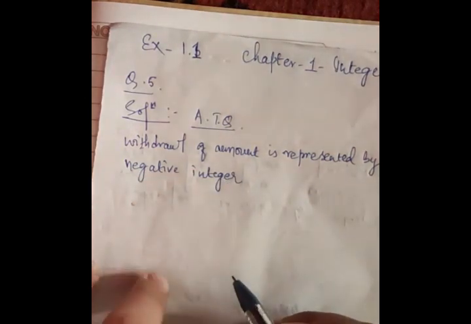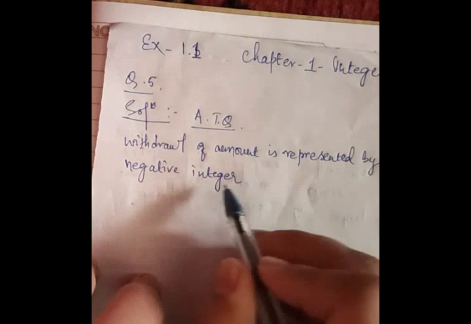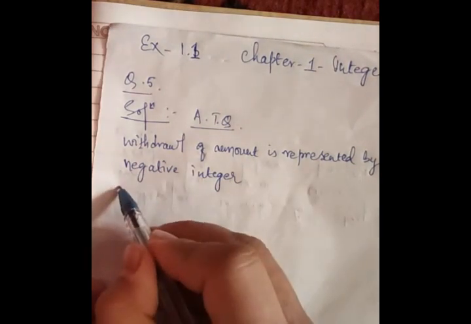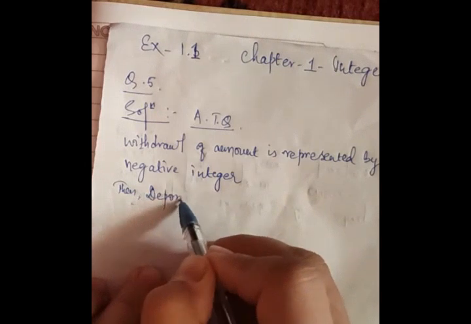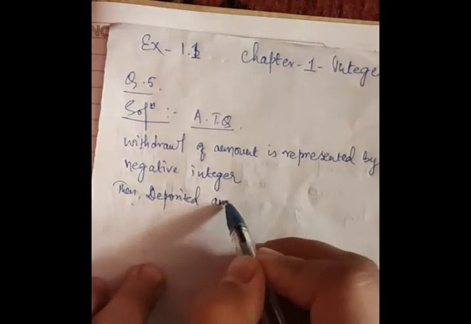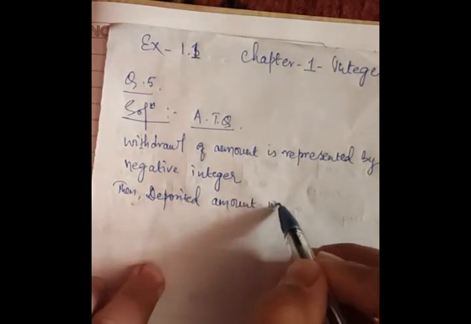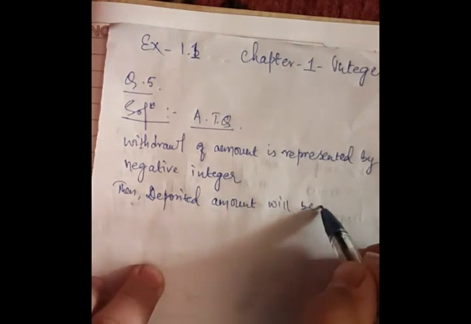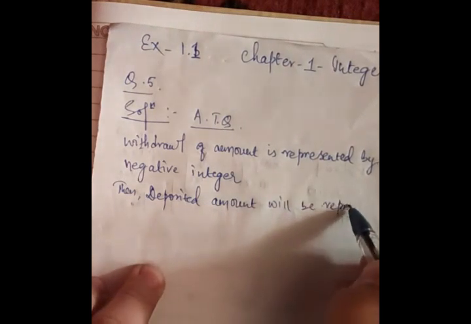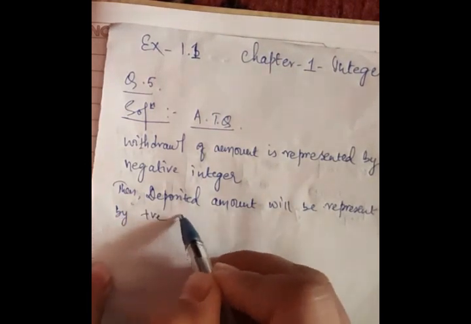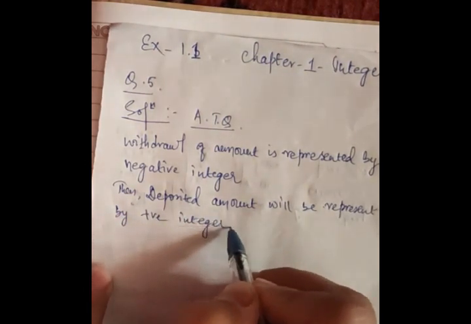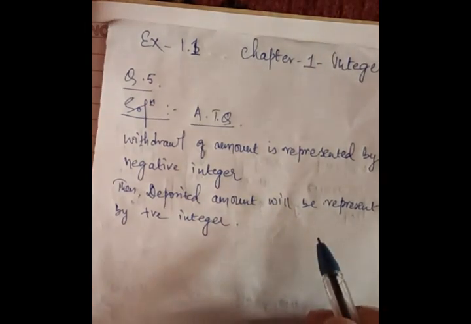Yes. So if withdrawal of the amount is represented by negative integer, then deposited amount will be represented by positive integer, right? Positive integer.